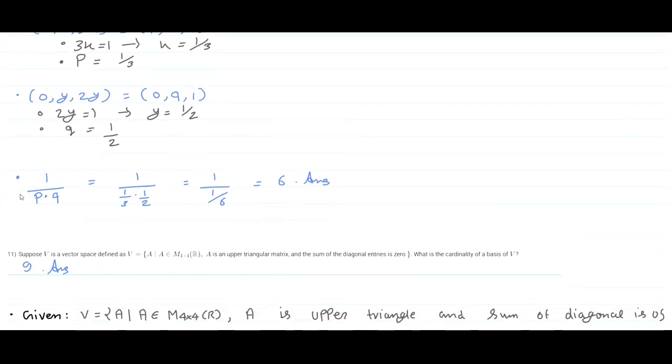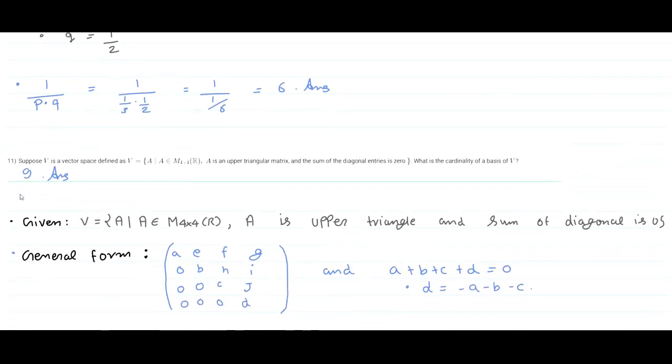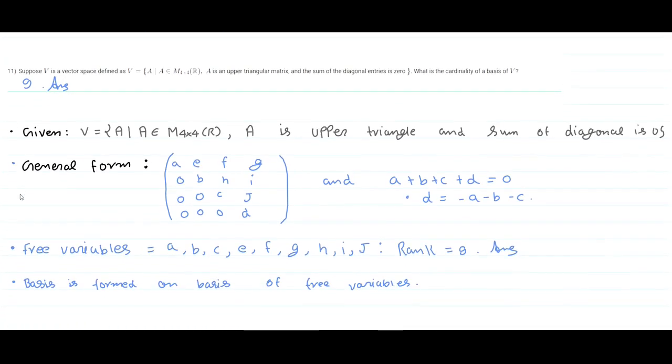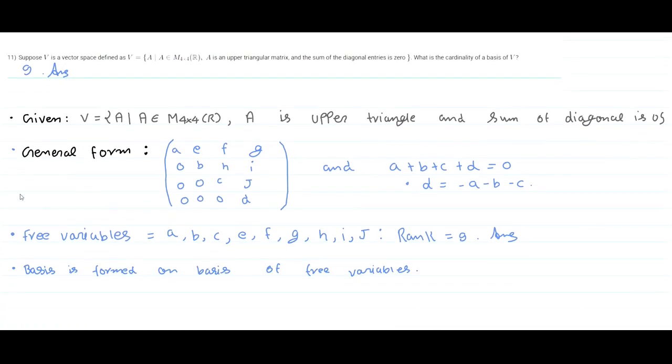Now let us see question number 11, which basically says that V is a vector space of 4 cross 4 real upper triangular matrices where the sum of diagonal entries is going to be 0, and we have to find the cardinality of the basis. So the general form of a 4 cross 4 upper triangular matrix is going to look like this. One more condition for this vector space is that the sum of the diagonal entries should be 0, meaning that a plus b plus c plus d should be equal to 0.